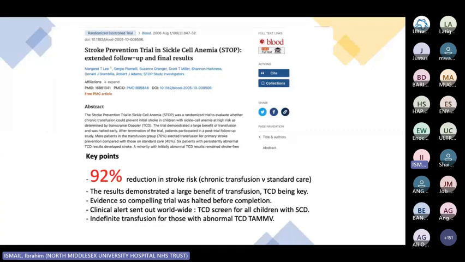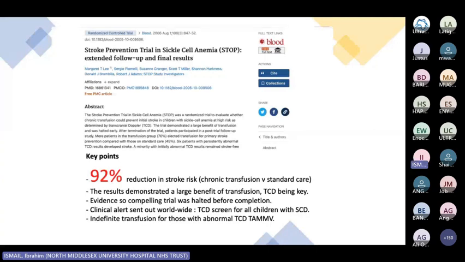So the results demonstrate a large benefit, with transfusion and TCD being key here. Like I said, the evidence was so compelling the trial was halted before completion, and then a clinical alert was sent out worldwide to guide other practitioners around the world of these results, and recommended screening and blood transfusion as a pairing for long-term treatment.